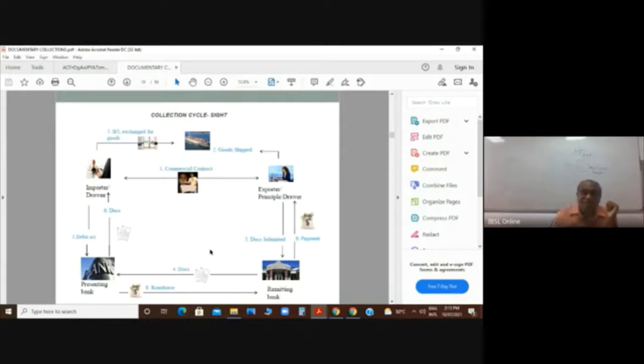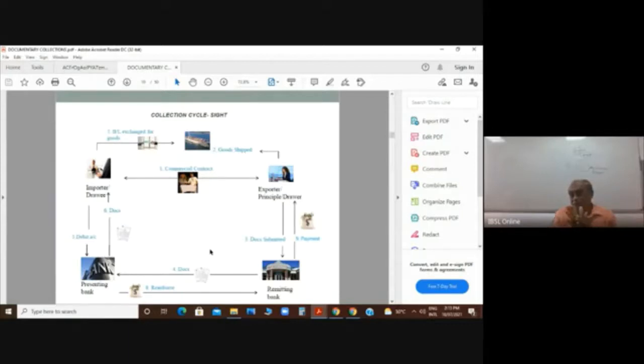So we will debit his account and then give the documents to them. They will go to the port and clear the goods with the documents. Meanwhile, we will reimburse the money to the remitting bank, and the remitting bank will deduct their charges and give the balance money to the exporter.